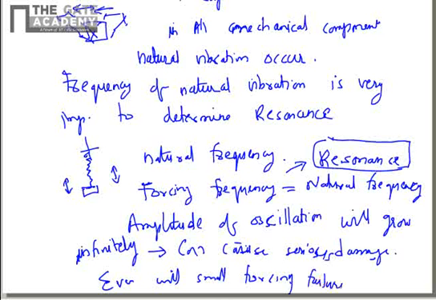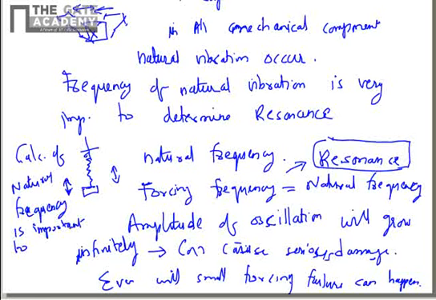So that is why it is very important to find out the natural frequency of systems, and then you make sure that the system is not, during its operation, wherever it is applied, subjected to a forcing, a periodic displacement, the frequency of which is the same as the natural frequency. So calculation of natural frequency is important to avoid resonance.